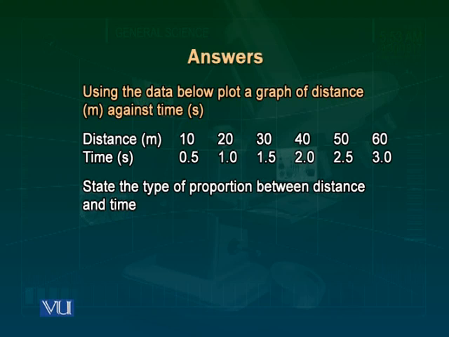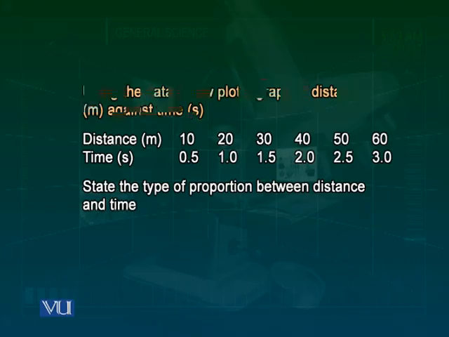Now, because we have to plot a graph, we have to first decide what we are going to plot along the y-axis and what is going to be plotted along the x-axis. So we take a graph paper, we draw a line for the y-axis, we draw a line for the x-axis, telling us this is our x direction, this is our y direction.